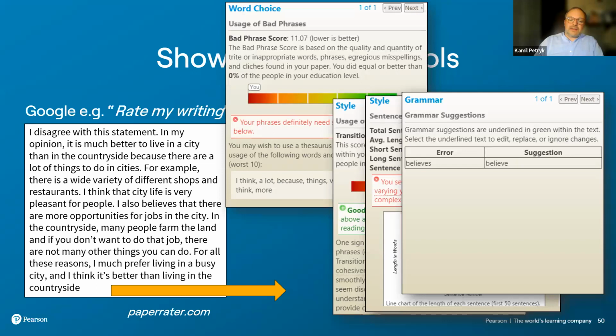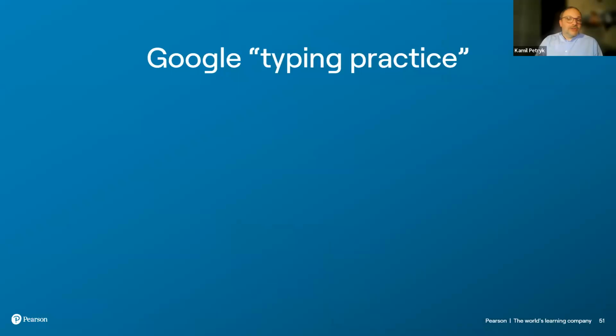These are taken here from paperrater.com, but there are again hundreds of websites like that where they can on their own improve their writing, working with AI tools, and that also gives them the idea how the test is assessed, because those texts are assessed in Pearson English International Certificate. These are assessed by artificial intelligence.